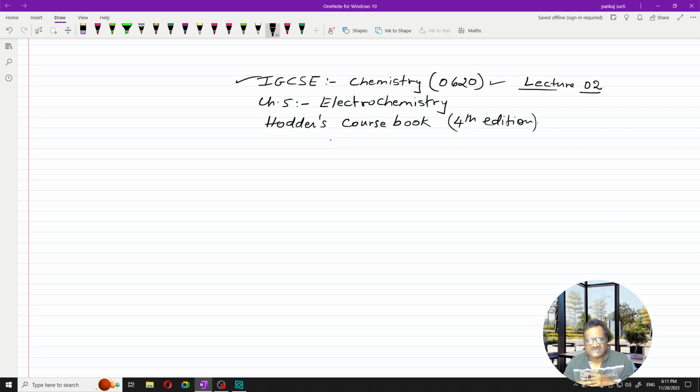The reverse is also true: when you pass electric current, only then can certain redox reactions take place.